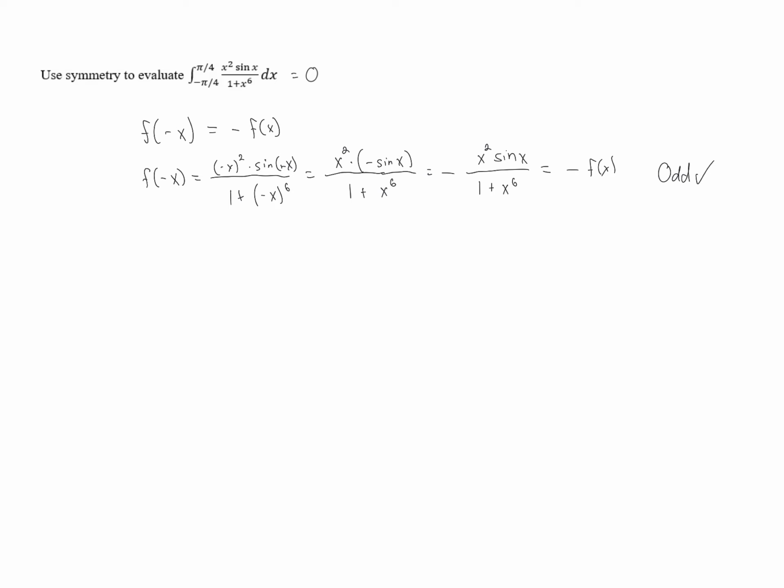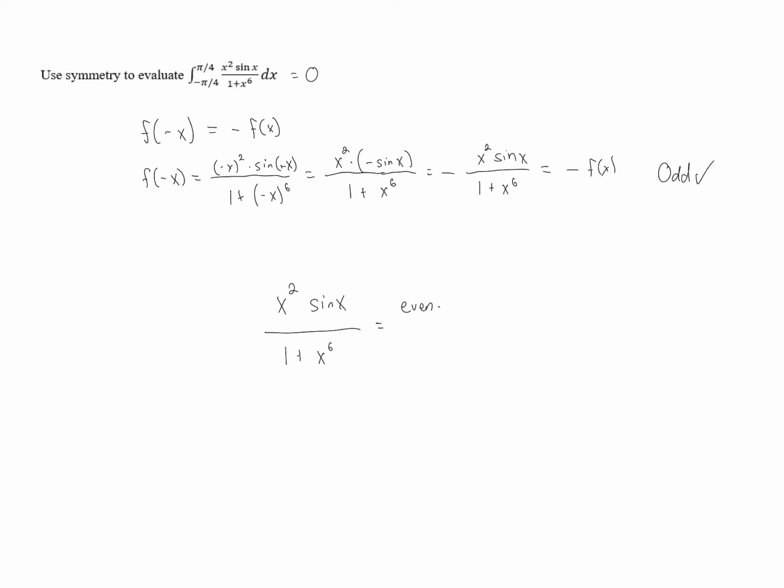Another way that we can look at whether a function is even or odd is we can look at the factors. If we have x squared sine of x over 1 plus x to the sixth, x squared is an even function.